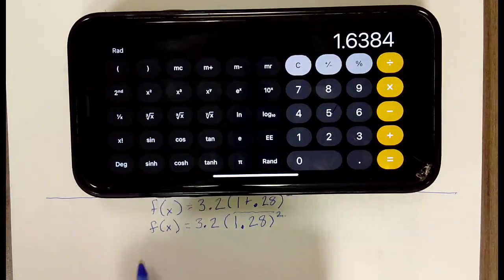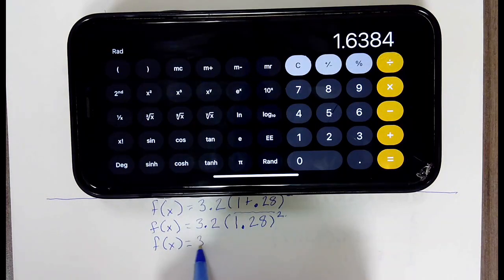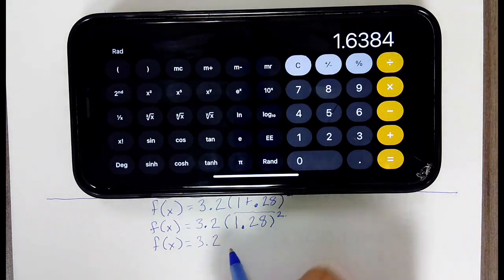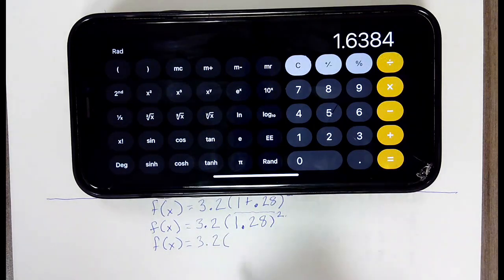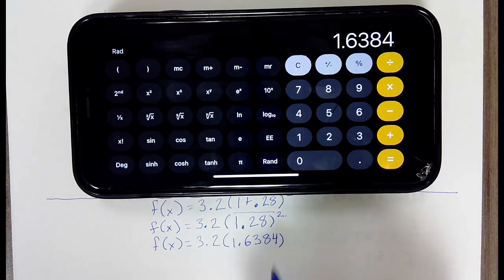That'll tell me it to the power of 2. f of x equals 3.2 times 1.28 to the power of 2 is 1.6384.